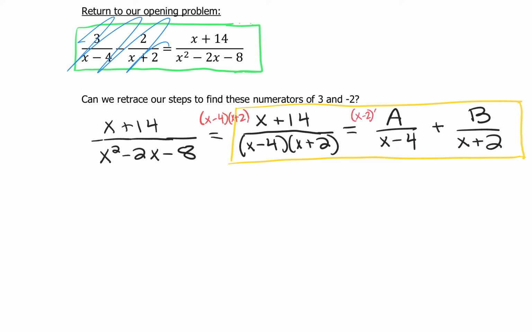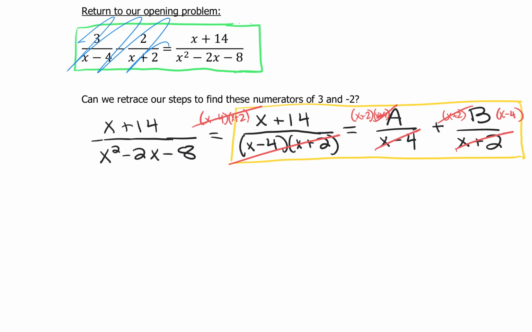I like writing it twice so that I can physically cross it out. That's a minus 4. X plus 2 times x minus 4. So we'll see here our full denominator cancels, the x minus 4s and the x plus 2s.